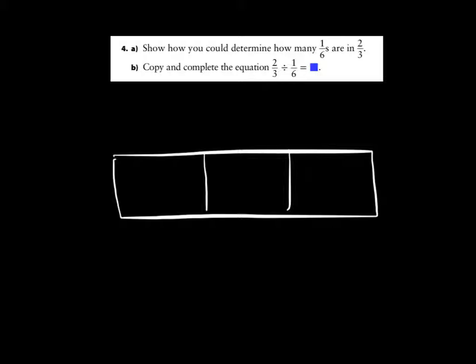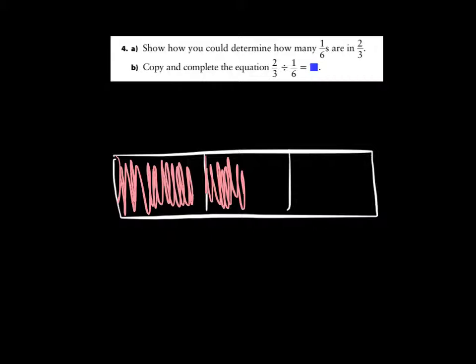But let's just start off with 2/3. So we're going to shade in 2/3. Pink. So there's 1/3, and there's 2/3. Now I can't find out how many sixths are in there because I'm in thirds. But what I could do is make it sixths. So I'm going to chunk it up.